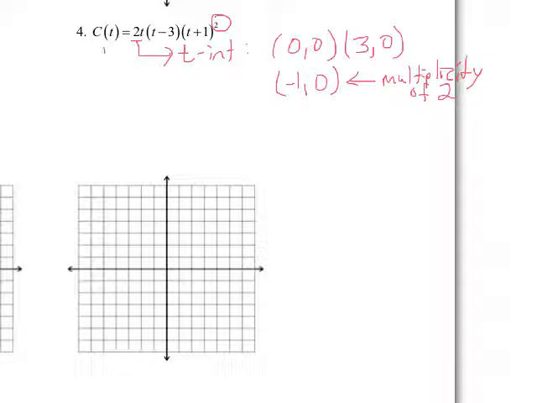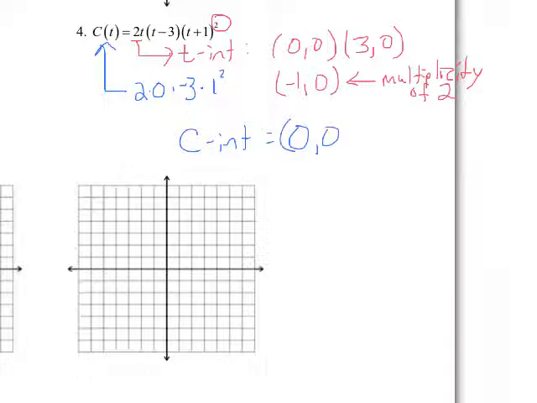To find the c-intercept, we're going to plug 0 in for t, and we'll get 2 times 0 times -3 times 1 squared, which is 0. So our c-intercept is at (0, 0).